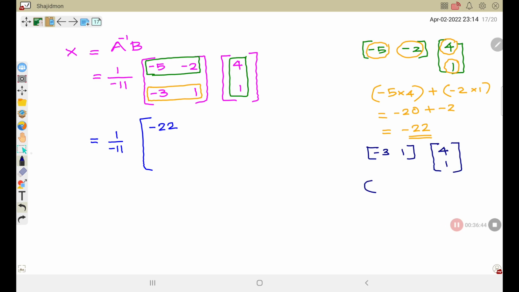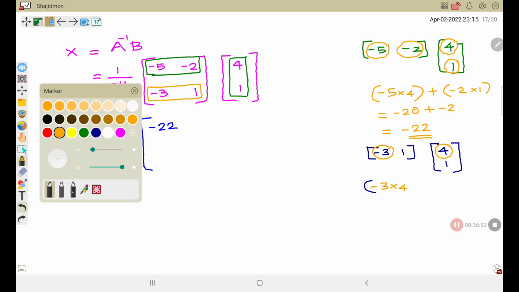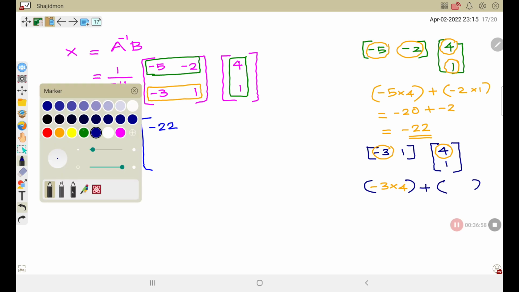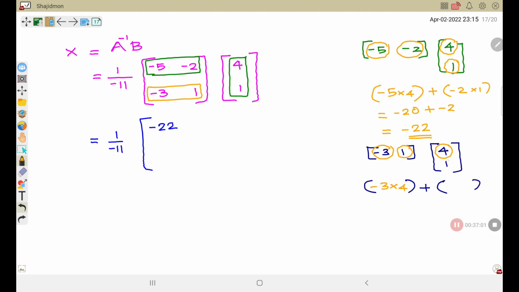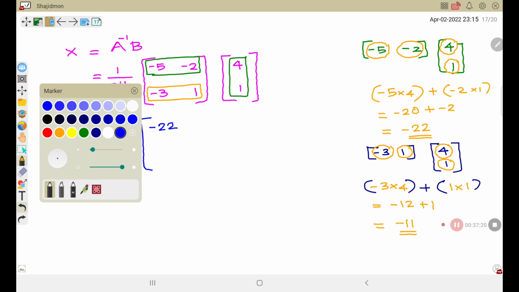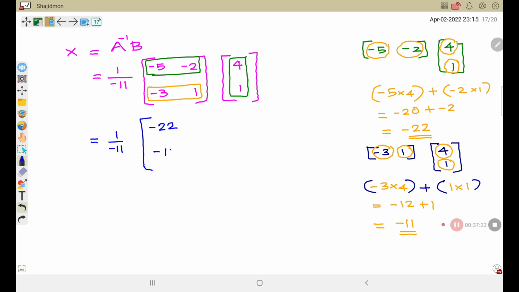First number multiply with the first number, minus 3 multiply with 4, plus the second number with the second number, 1 multiply with 1. So minus 3 multiply 4 means minus 12, plus 1. Minus 12 plus 1 means minus 11. So the number here we can write is minus 11.